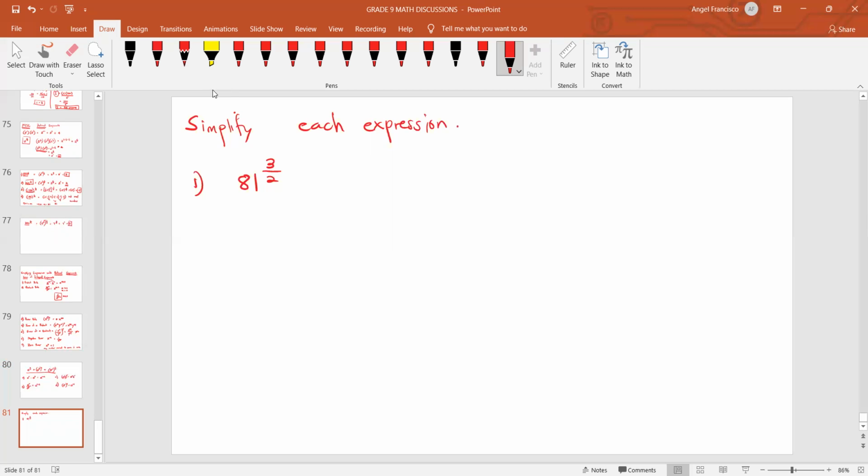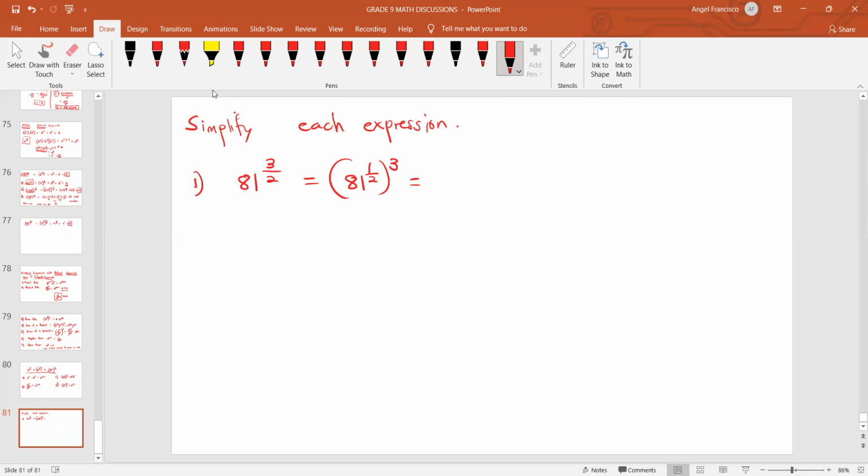So first, we can say that 81 raised to the power of 1 half, okay, times 3. Parehas lang siya, tama? So pag itinimes natin sa 1 half, 3 halves, parehas pa rin.